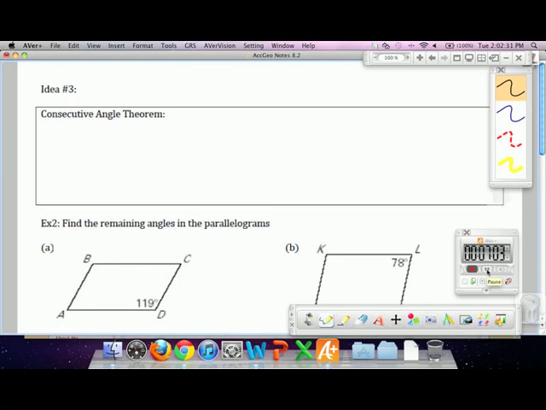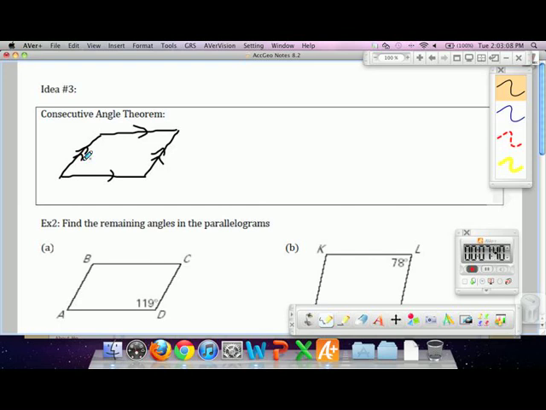Another idea. Say we have a parallelogram. We want to talk intelligently about the consecutive angles in a parallelogram, or the angles that are next door to each other. What should be true about the consecutive angles in a parallelogram? They add up to 180.